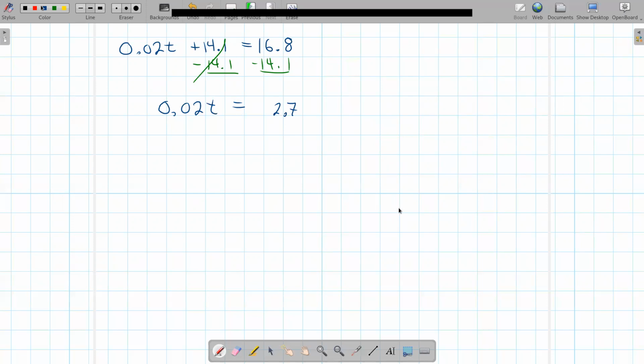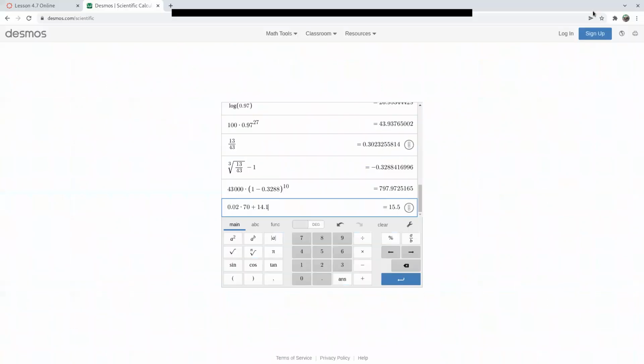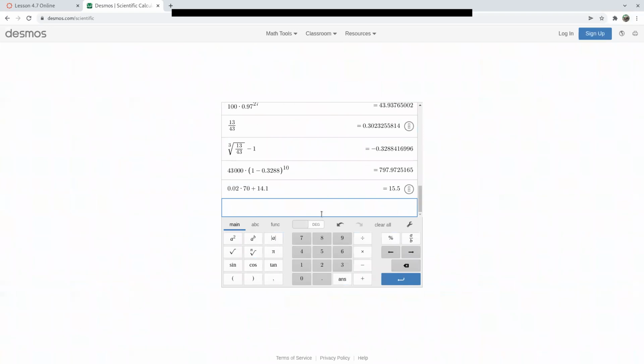So next we divide. We're going to break this multiplication by dividing by 0.02 on this side. Whip out the calculator, make sure I get the subtraction right, and make sure I get the division right. Okay, so first thing I had to do was take my 16.8 and subtract my 14.1.